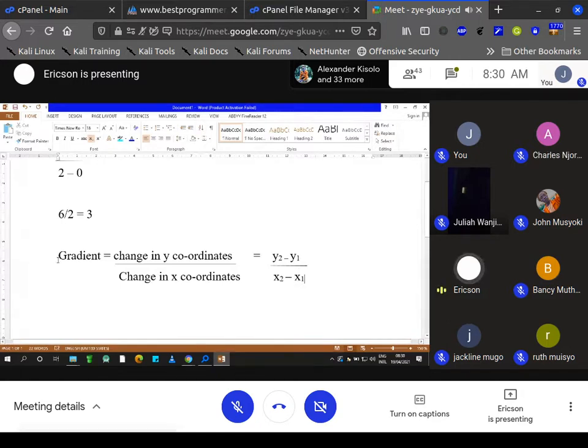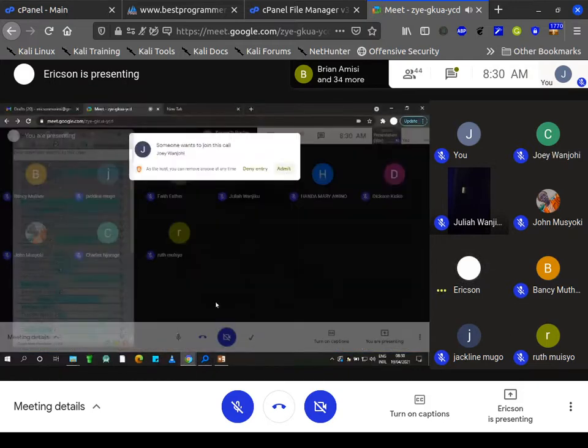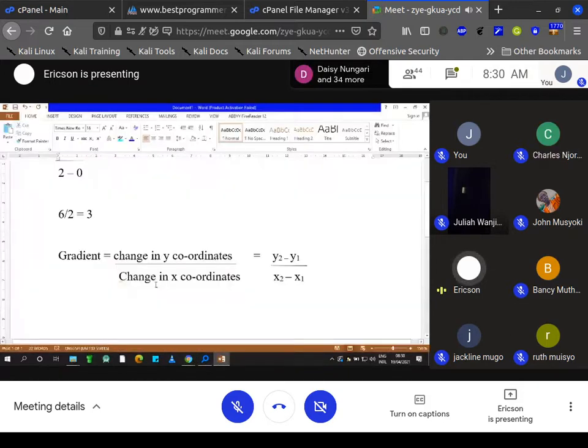This is what we are talking about. We calculate the gradient by the change in the y coordinates divided by the corresponding change in the x coordinates, and that is given by y2 minus y1 divided by x2 minus x1. So this is how you calculate your gradient.